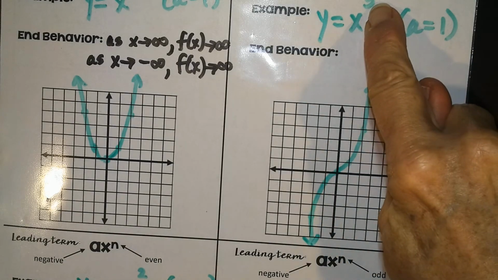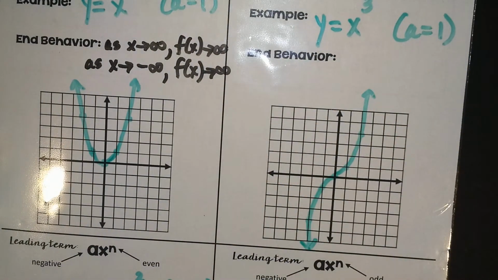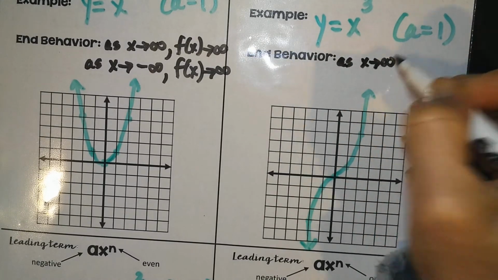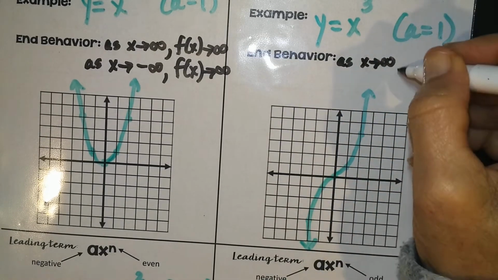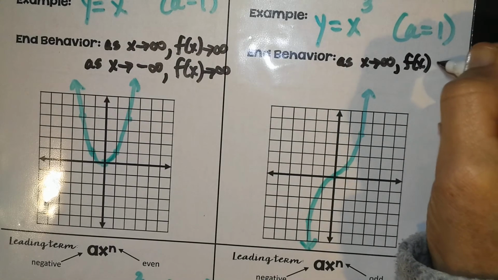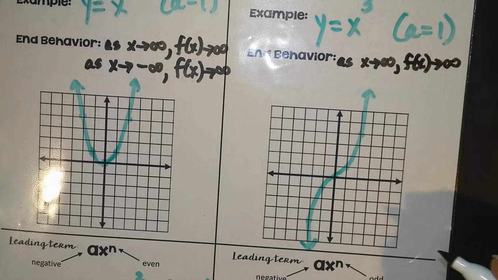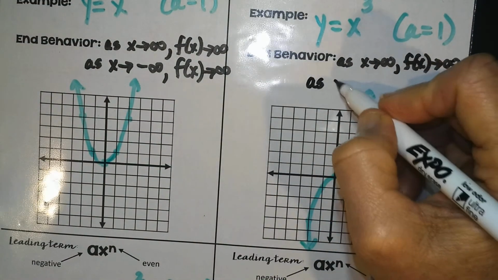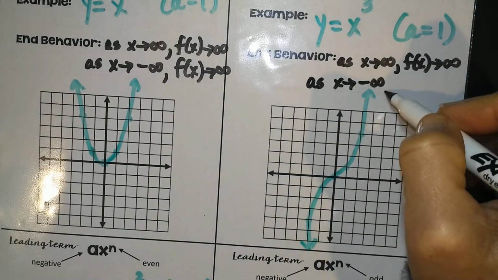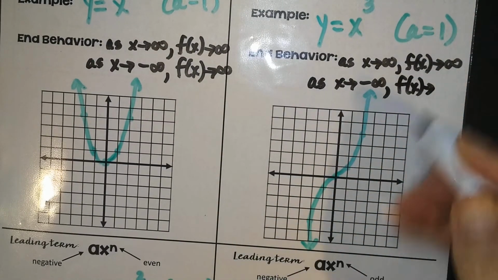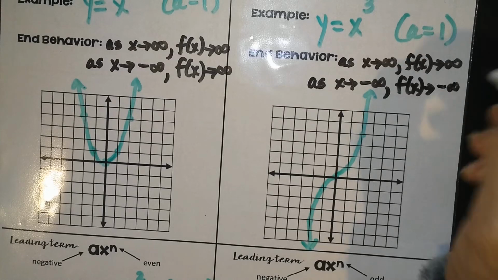So it's an odd degree, positive coefficient. As x goes to the right, f of x goes up. As x goes to the left, f of x goes down. So it's negative infinity.